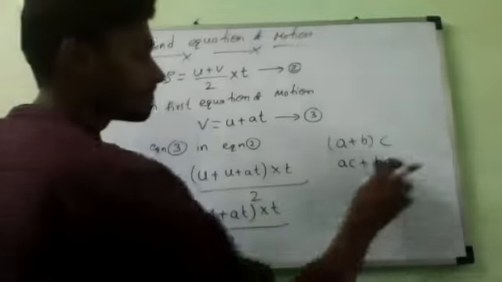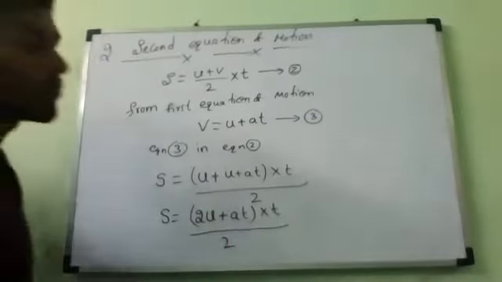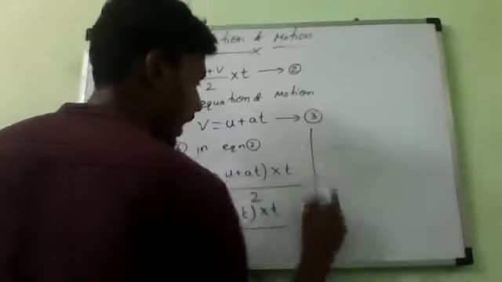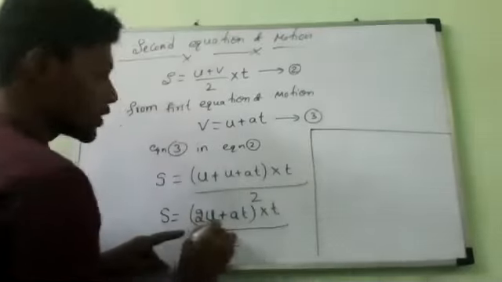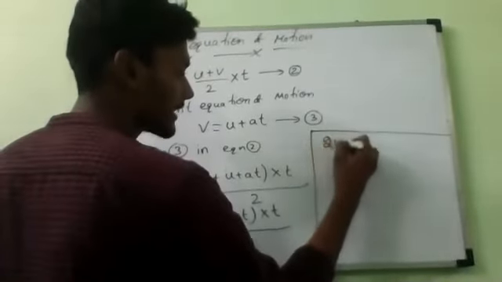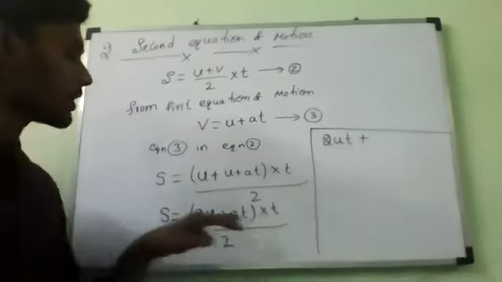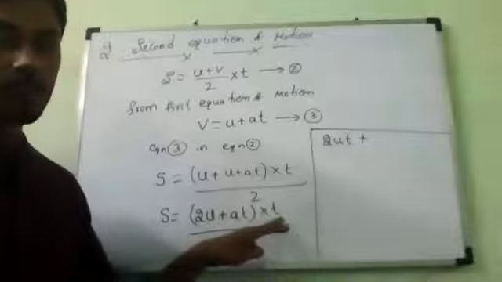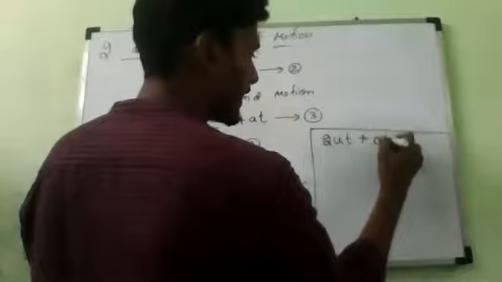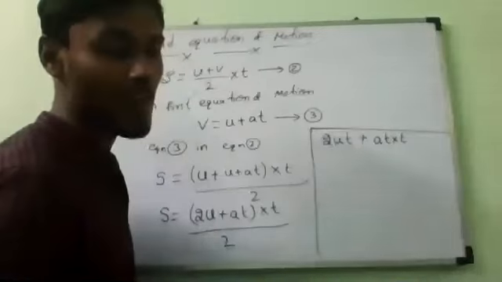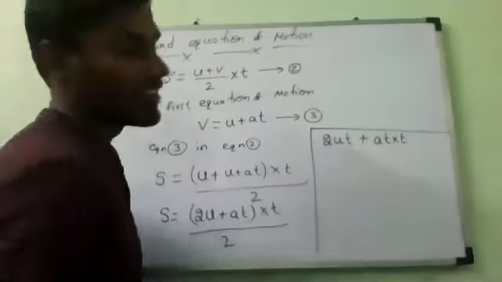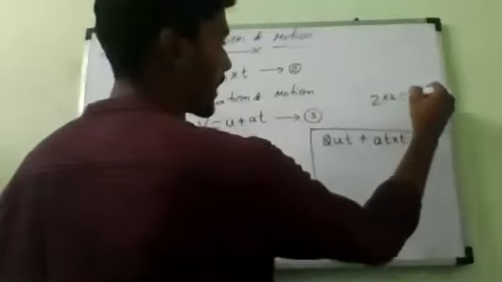Now in the same way, multiply with T. 2U into T, 2UT, plus AT into T, AT square. 2 into 2, 2 square.